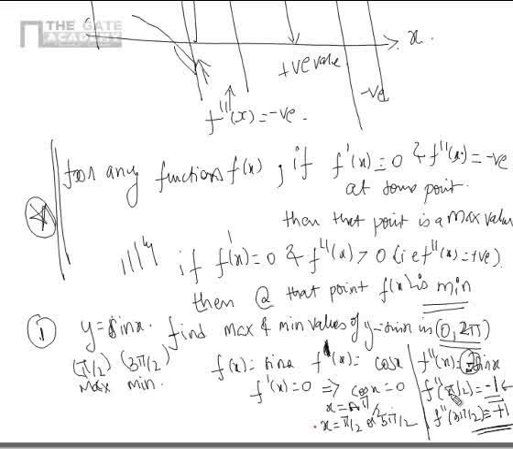So at pi by 2 we have f dash of x equal to 0 and f double dash of x less than 0.